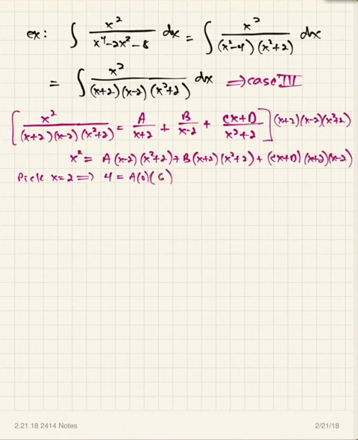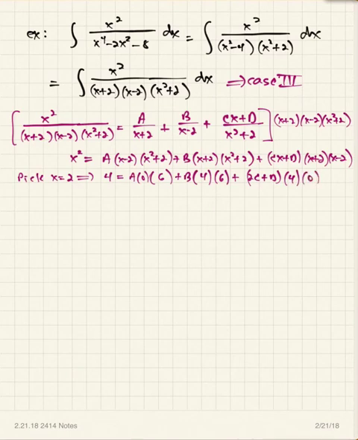That's better, because that's 4 plus 2. Plus b times, picking x to be 2, this would be 4 times 6. And picking x to be 2, you'd have 2c plus d times 4 times 0.